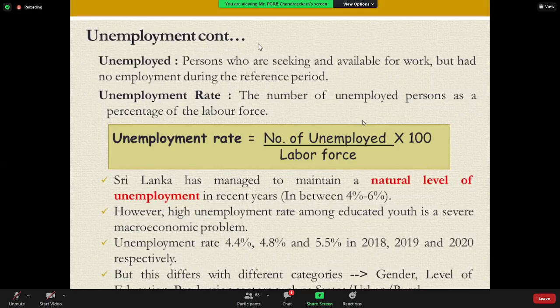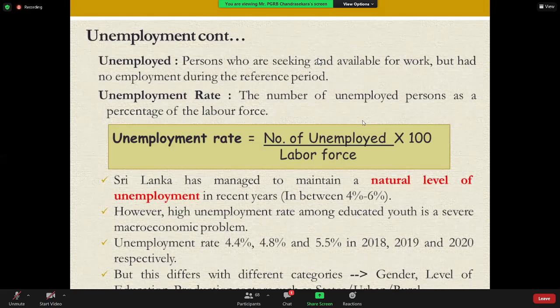The Sri Lankan economy has the ability to maintain that. See, 2018 4.4%, 2019 4.8%, 2020 5.5%. But this is an average one. Unemployment rate is also an average.